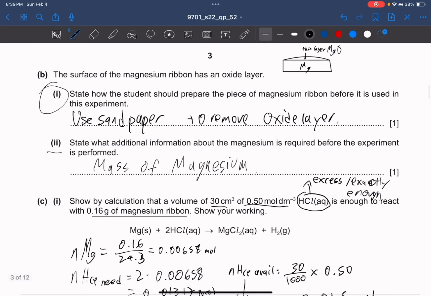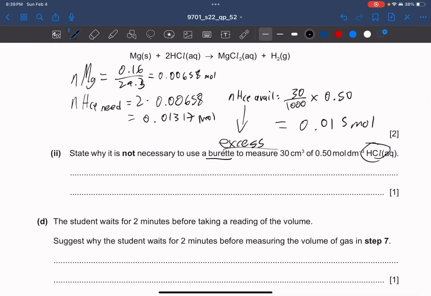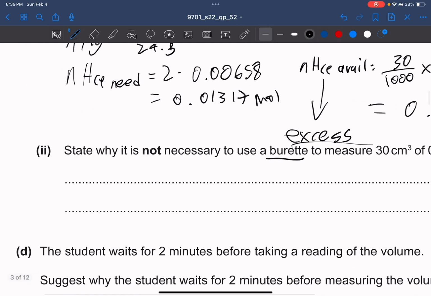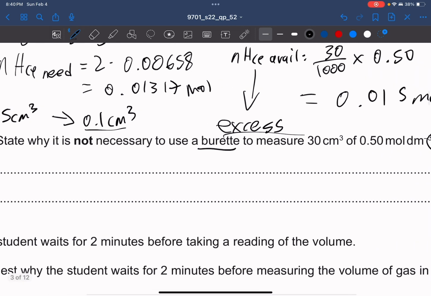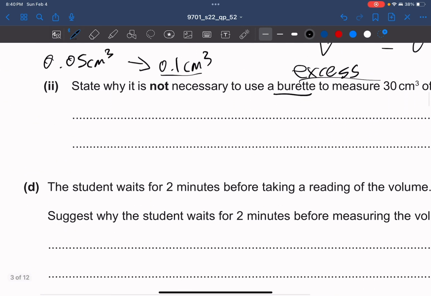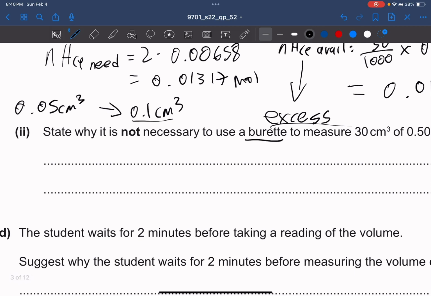So even if we use a little bit under or a little bit over, a burette is accurate to 0.05 cm³, it doesn't really matter if we have a measuring cylinder which is only accurate to 0.1 cm³, because our acid is already in excess to begin with, so it's fine if we're a little bit over or a little bit under.